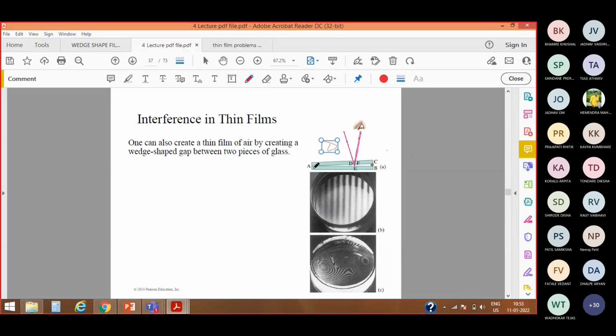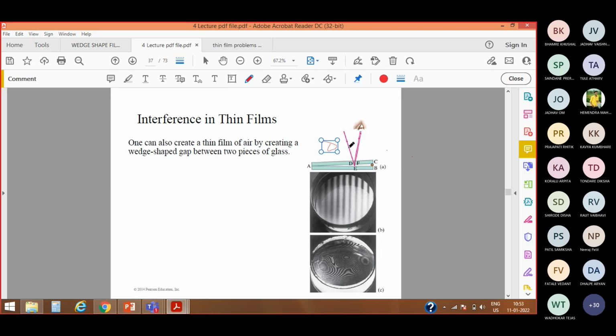If you move from point A to point B, you will find that the thickness of the film is changing, because there is some gap due to some object, such as a wire, placed between the two glass plates. When light enters the glass plate, there is transmission of light and the velocity of light changes.